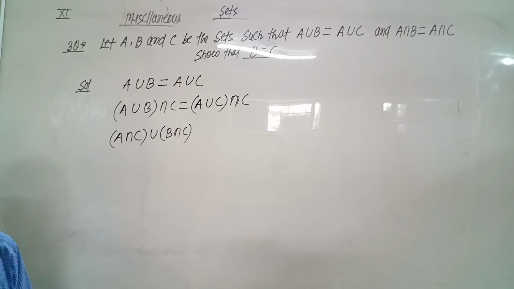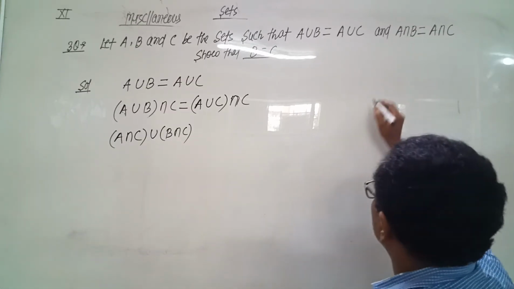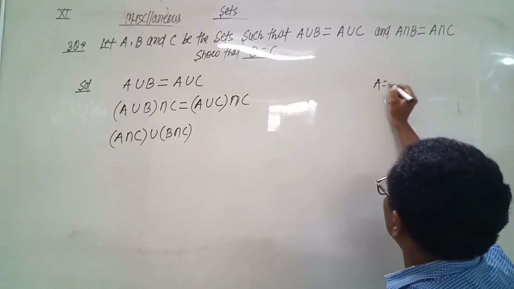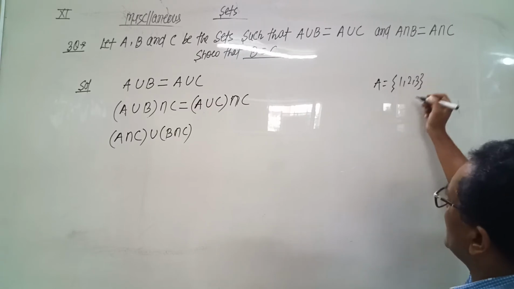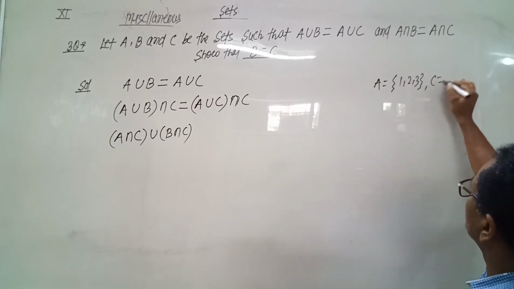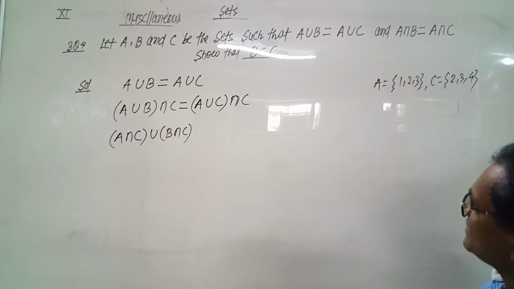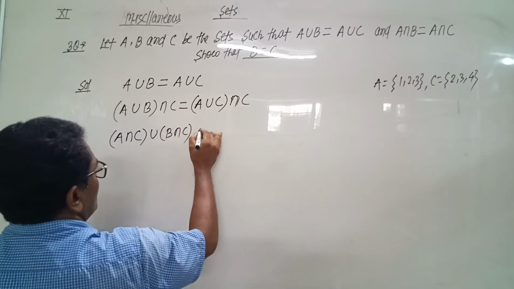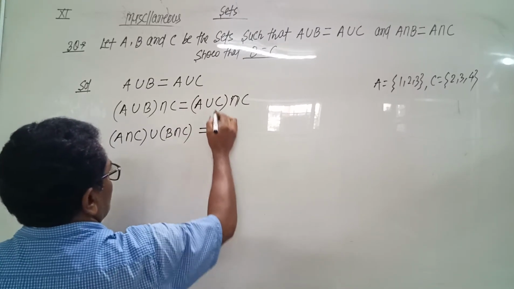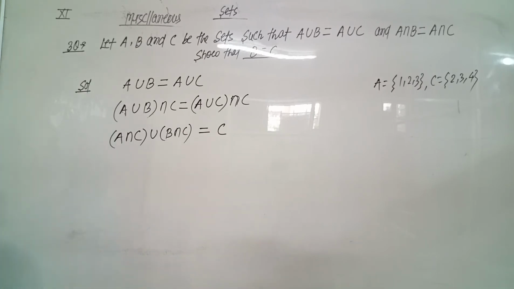This becomes C. We can prove this by example. Let set A equal 1, 2, 3 and set C equal 2, 3, 4. We can prove that (A union C) intersection C is equal to C. Let us see how.